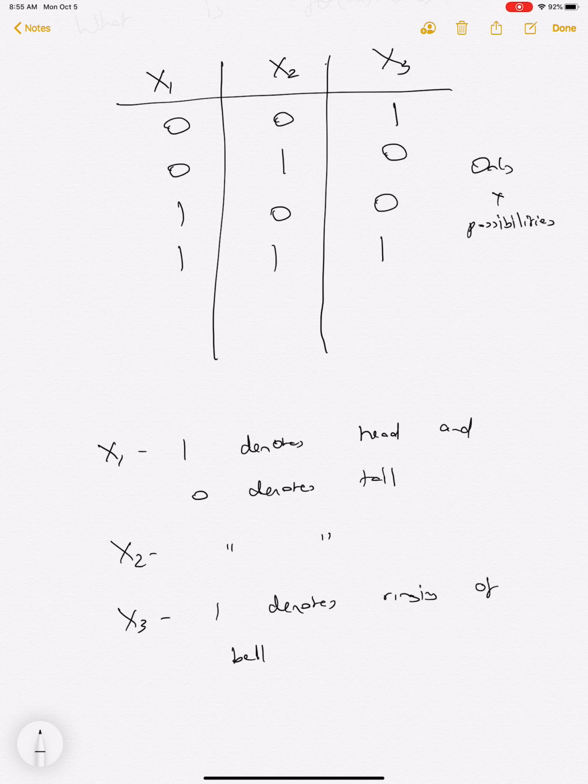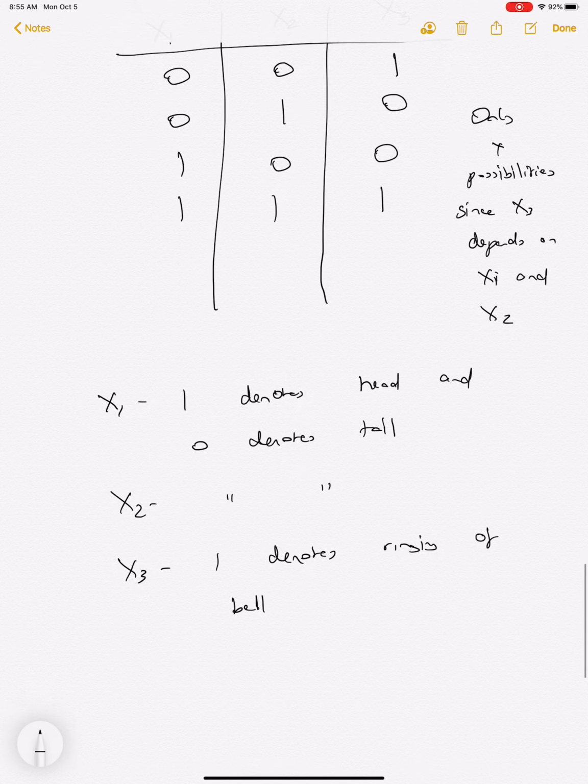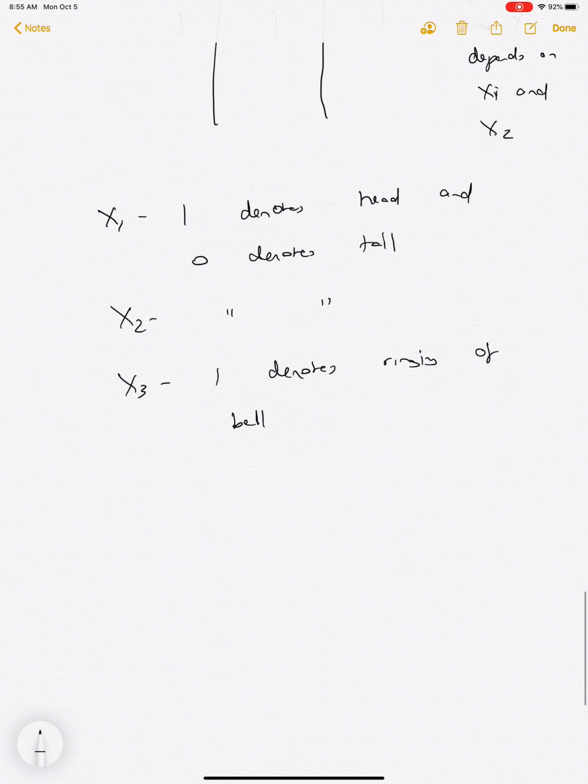So only 4 possibilities, since x3 depends on x1 and x2. So therefore, we talked about the conditional independence relationships we have there. So clearly x1 and x2 are independent, but x1 is going to be dependent on x2 given x3.